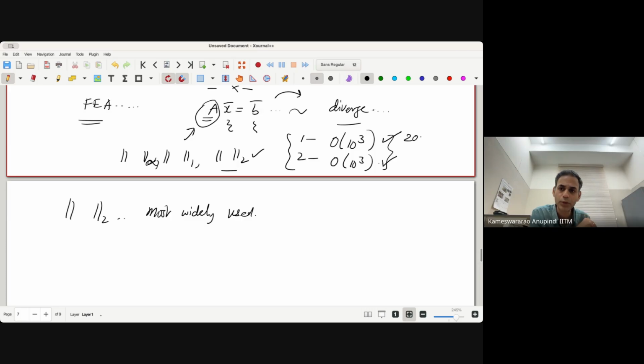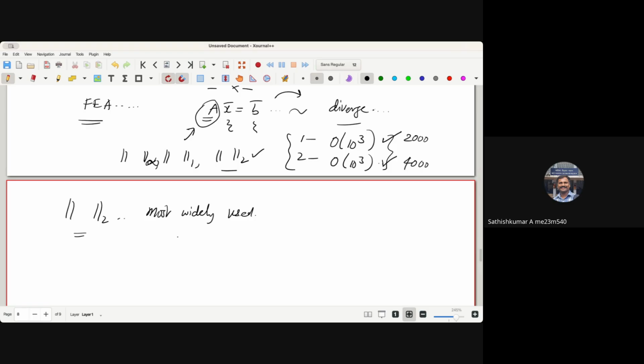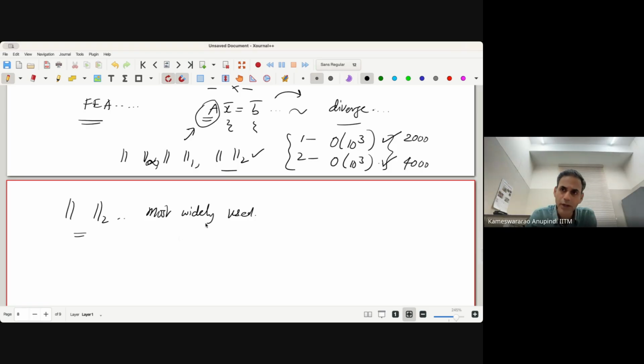For example, this could be 2000, this could be 4000. They are still in thousands, which basically means that the condition number is not small. Any norm can be used, but it should be consistent, both for vector norms as well as matrix norms.